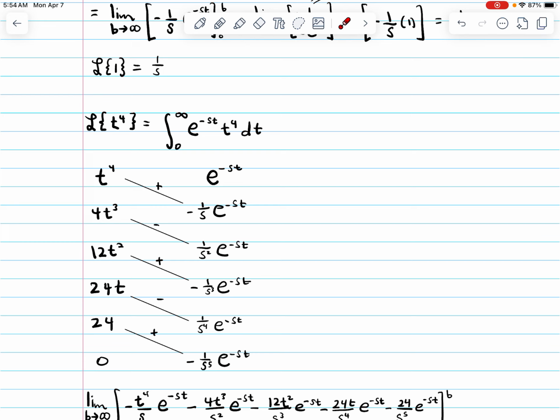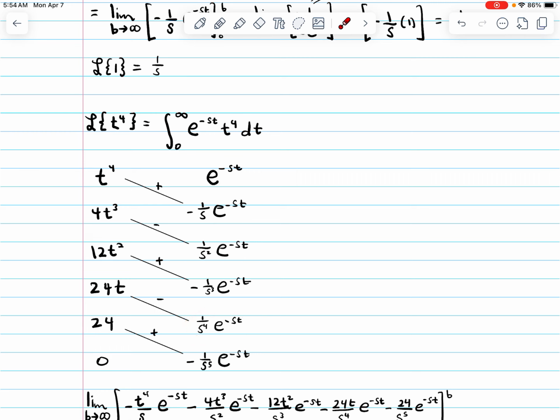Then we take the other part, e to the negative st, and start integrating that, finding the antiderivative. So it's going to be negative 1 over s e to the negative st. I do the same thing with that one, get negative 1 over s squared. Then negative 1 over s cubed, 1 over s to the 4th, and negative 1 over s to the 5th.